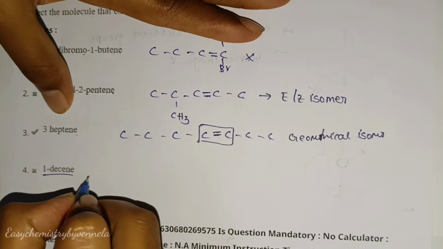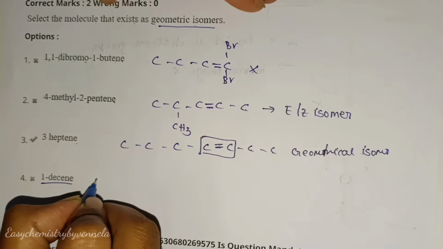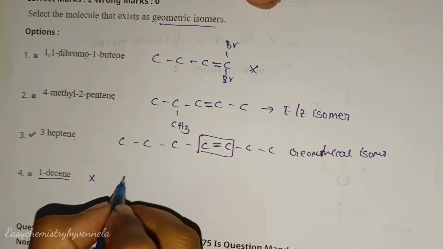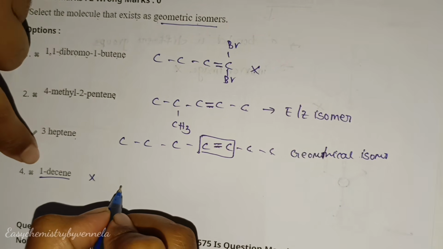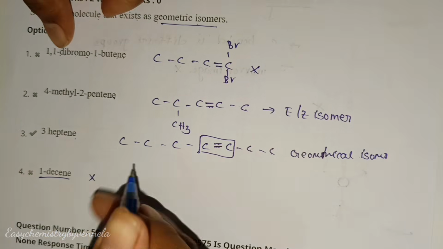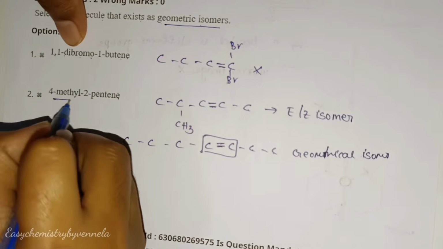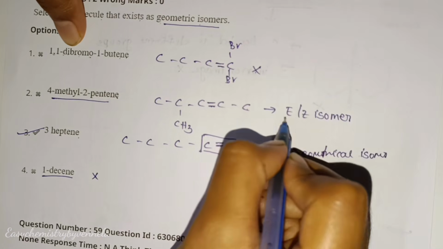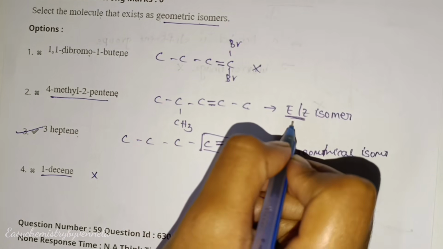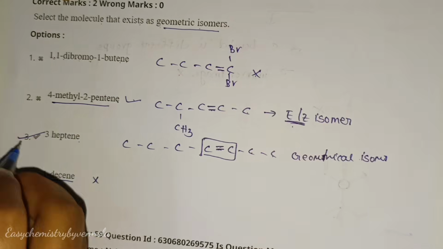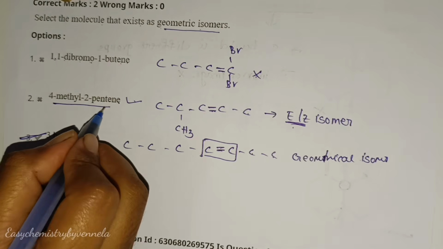Next, 1-decene. This is also not possible for geometric isomer because double bond is in first carbon. So this is incorrect. The third one is the correct one. This is also a correct option because it forms the E/Z isomer. This one also is correct. Correct options are this one and this one.